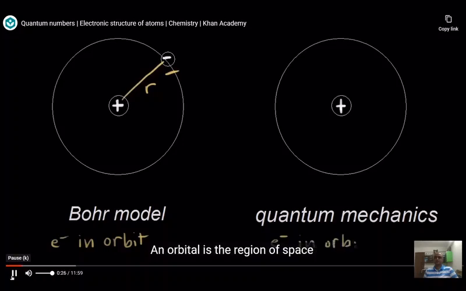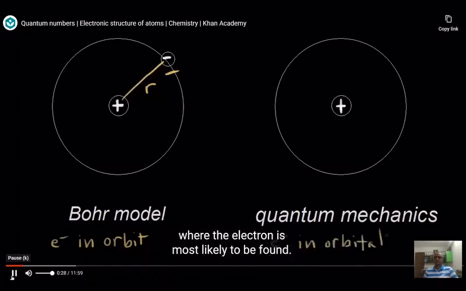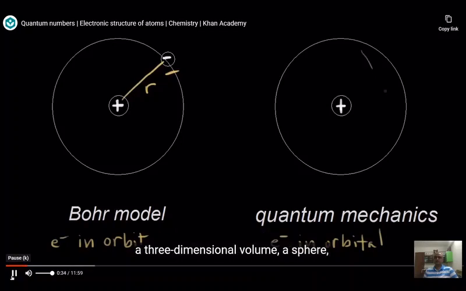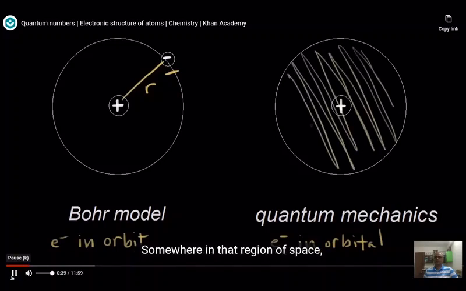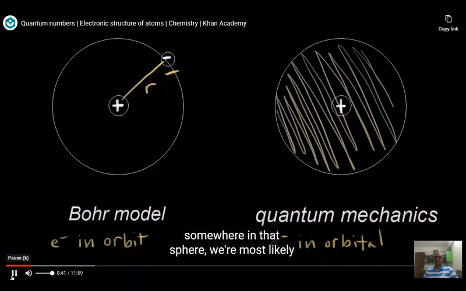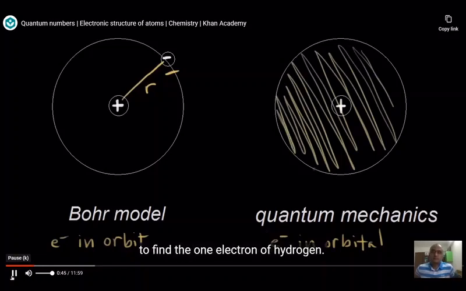An orbital is the region of space where the electron is most likely to be found. So for hydrogen, imagine a three-dimensional sphere around the nucleus, and somewhere in that sphere we're most likely to find the one electron of hydrogen.